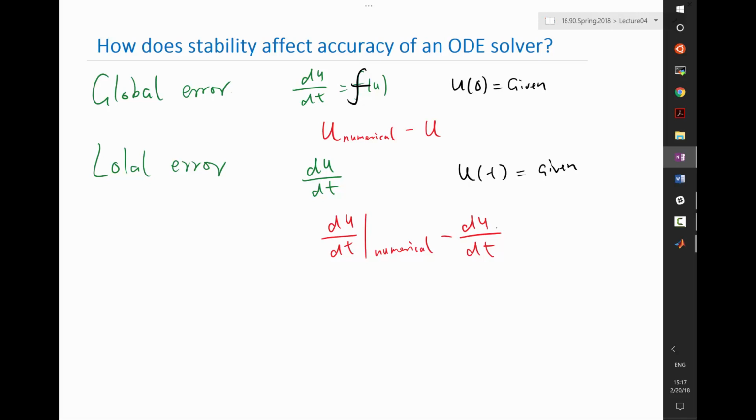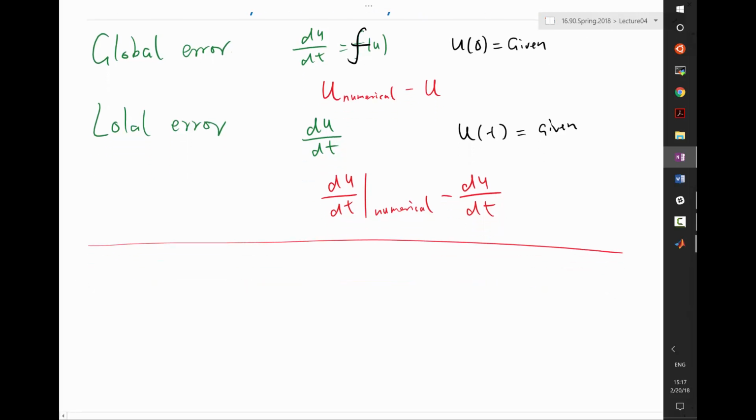The global error is more difficult to reduce than the local error, and it turns out stability is the critical link. Okay, so the analysis goes the following.